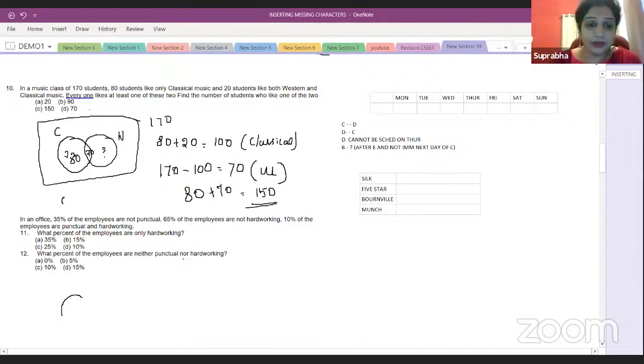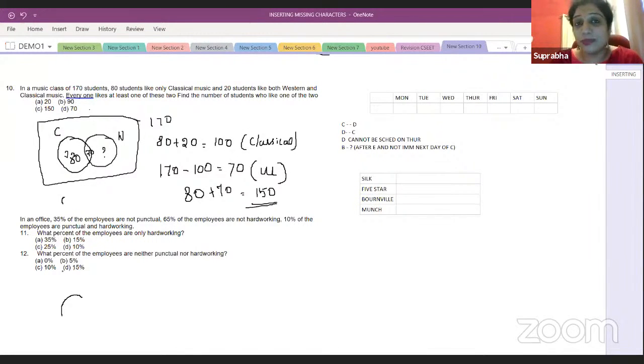Now, before I put up the Venn diagrams, one thing from the question you have to get very clearly, guys. They have mentioned that 35% of the employees are not punctual. If they are not punctual, what categories are we dealing with here? Either punctual or hardworking, only two categories. If I say that I, Suprabha, am not punctual, then it is assumed that I am hardworking.